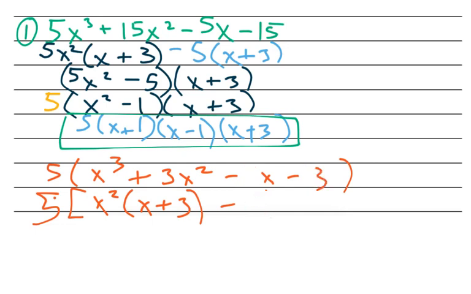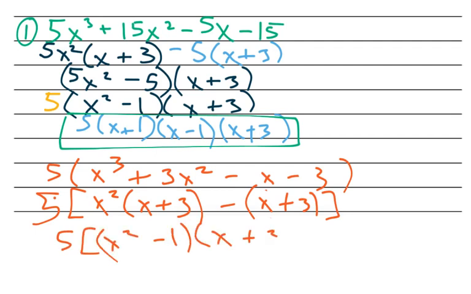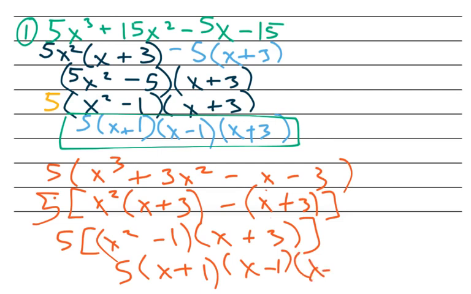And then I'd have to factor out a negative and then have x plus 3 here. That's totally fine. It's just sometimes people maybe don't like dealing with that 5 hanging outside that whole time. And then now my brackets have lost their meaning, and I can write that as x plus 1, x minus 1, x plus 3.